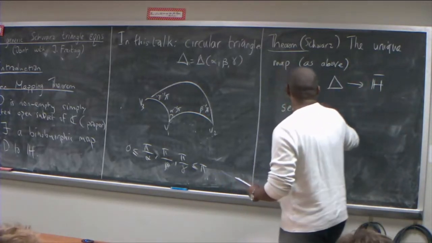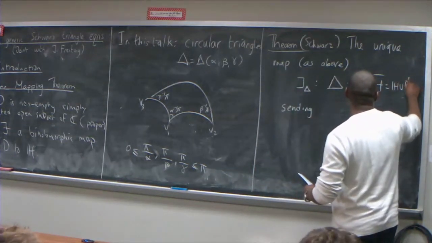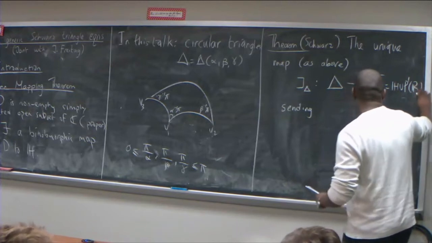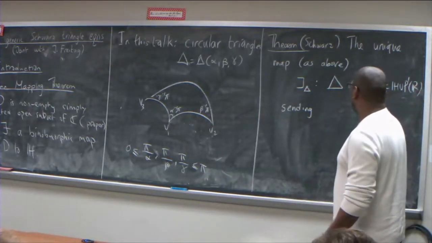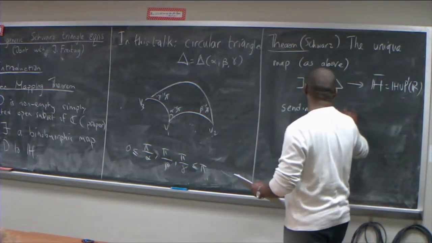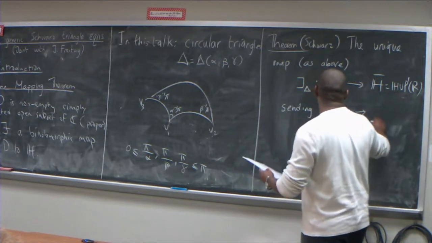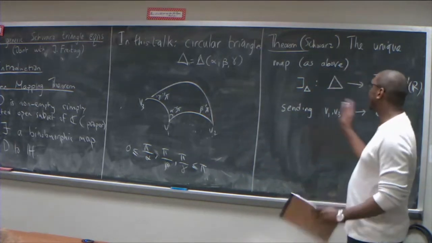What do you mean by H bar? Thank you. It is the closure of the upper half plane, so its boundary is included. Sending V1, V2, V3 to infinity, 0, 1 gives a unique map.